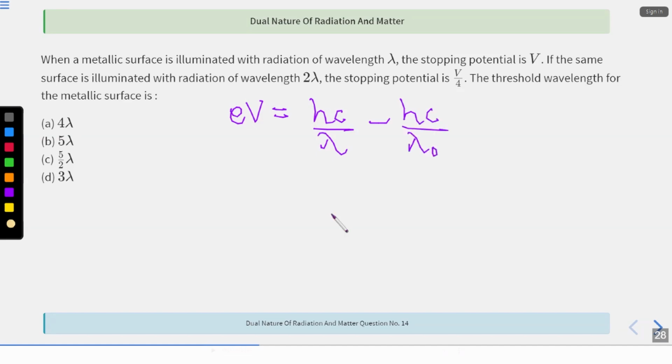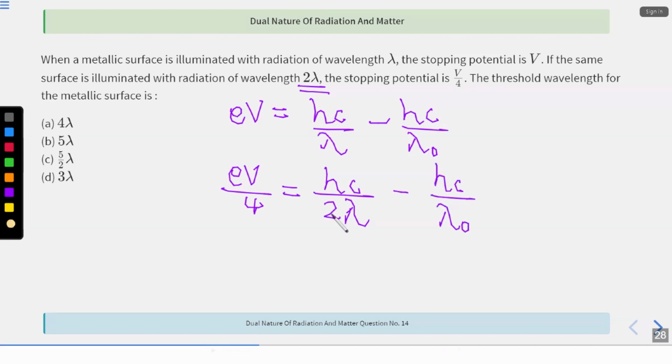And we also can tell that since it drops to V by 4, eV by 4 is equal to hc by, since the wavelength has been increased to 2 lambda, right? hc by 2 lambda minus the threshold again, hc by lambda naught, right? So I can divide these both equations. This is equation 1 and this is equation 2.